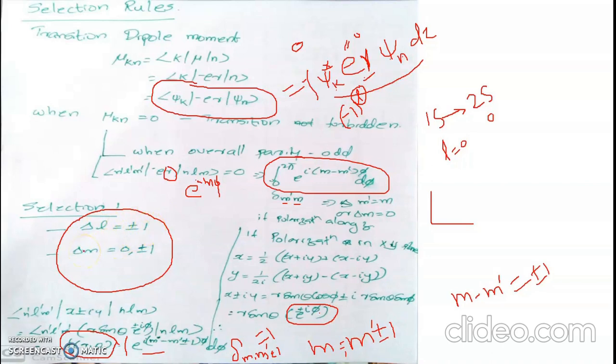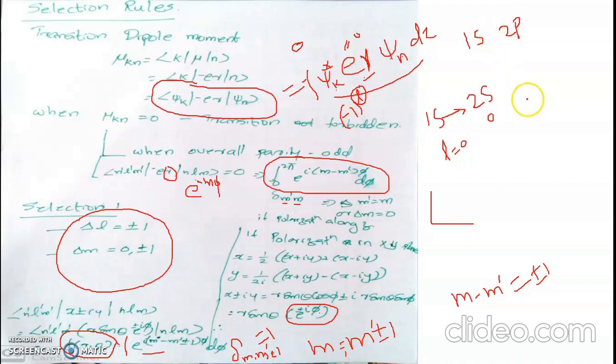Only those transitions that account for a change of magnetic quantum number by 0, that is no change, or by 1 unit are allowed. Now you consider the transition between the 1s state and the 2p state.